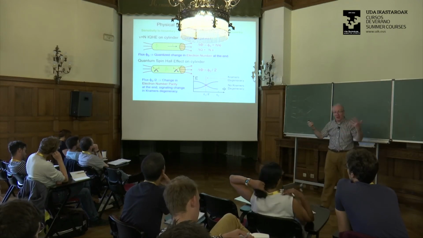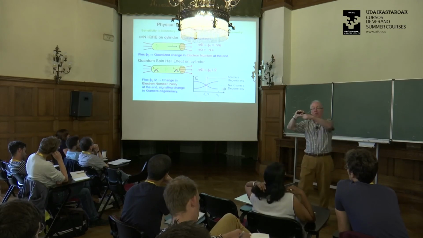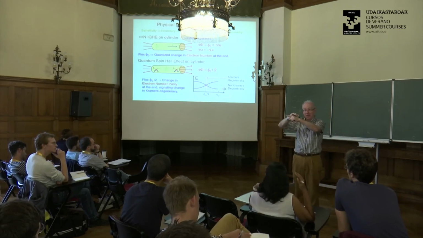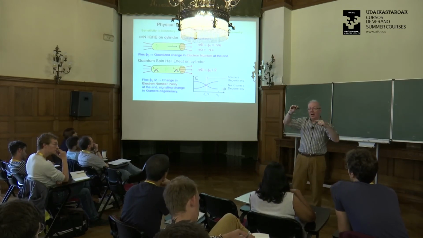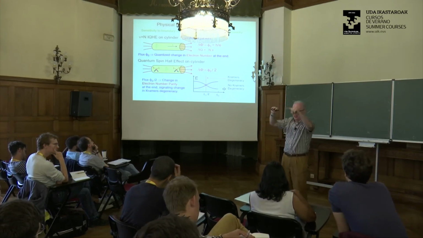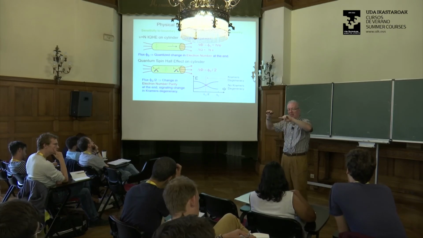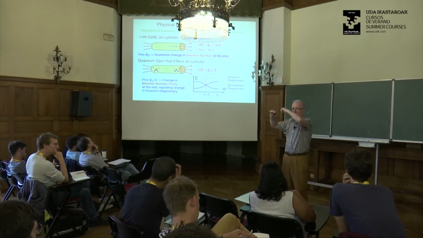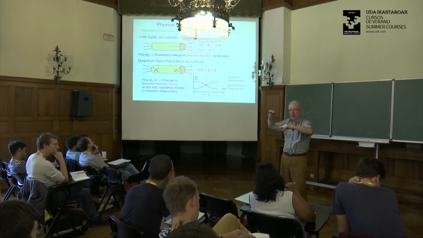In an insulator, if you thread a flux, nothing happens. Since everything is localized, the electrons have no way of knowing that there's flux. You have to have an electron that goes all the way around the circumference to know about the flux.